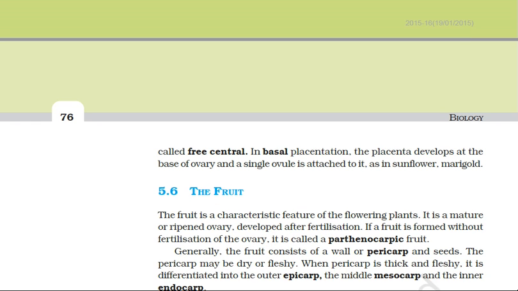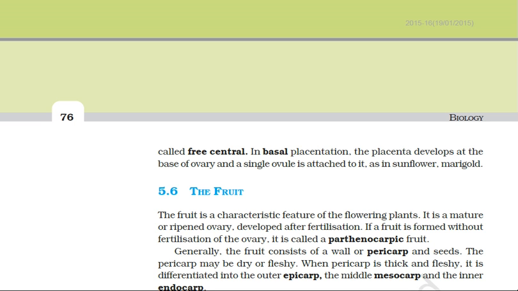Fruit is a characteristic feature of the flowering plants. Next, you can find certain seedless fruit also. So, if a fruit is formed without fertilization of the ovary, it is termed as parthenocarpic fruit.